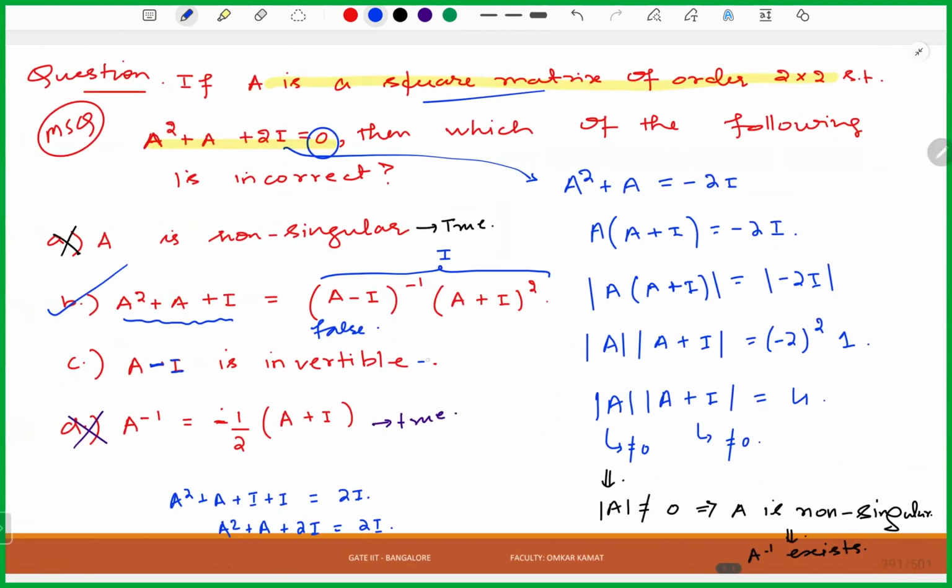So then this is false, because they are telling that A minus I is invertible. Okay, correct. Then this is true. Okay, this is a true statement. So option C can't be correct.